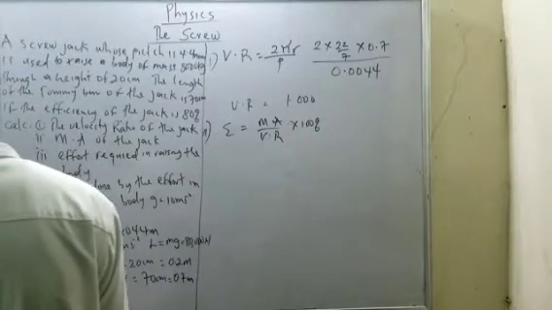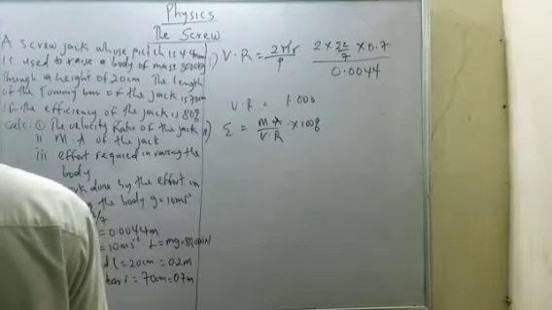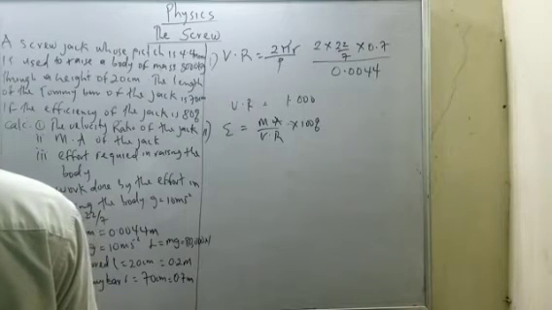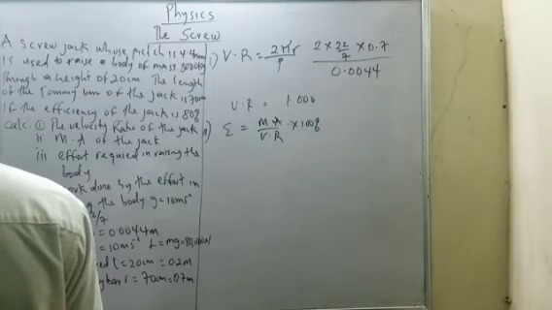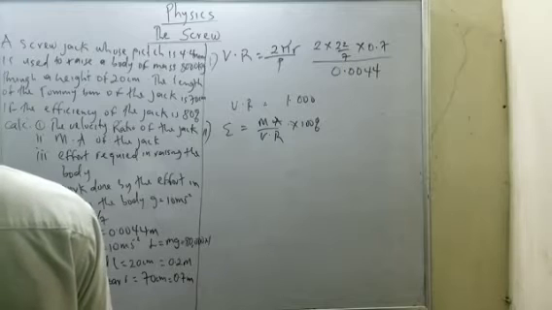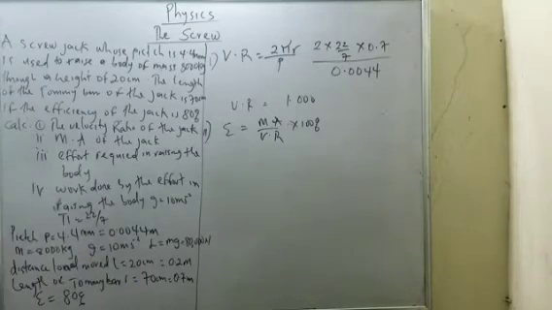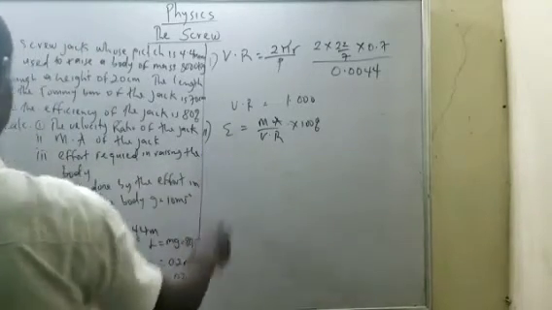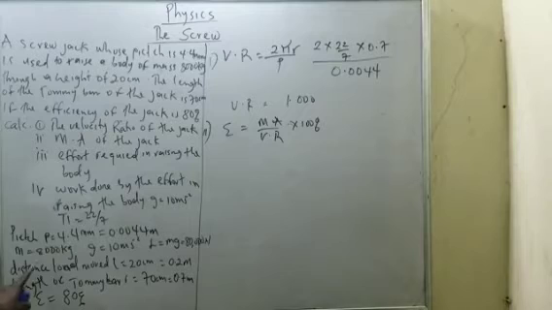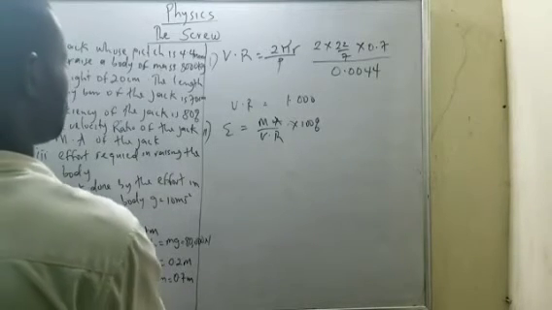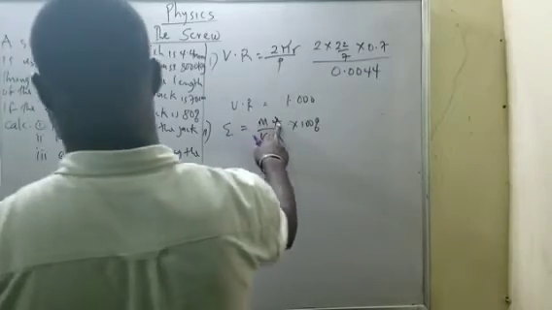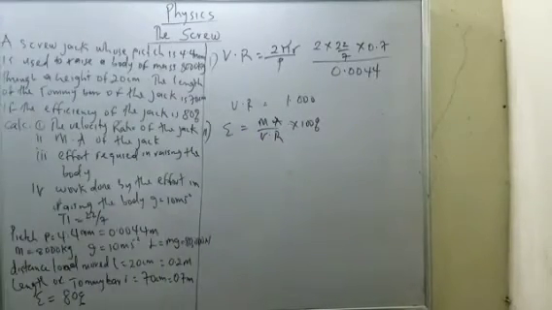Now, with this, I can continue by having my mechanical advantage, which is given from the question: 8,000 kilogram. Now, what is my MA, my mechanical advantage?